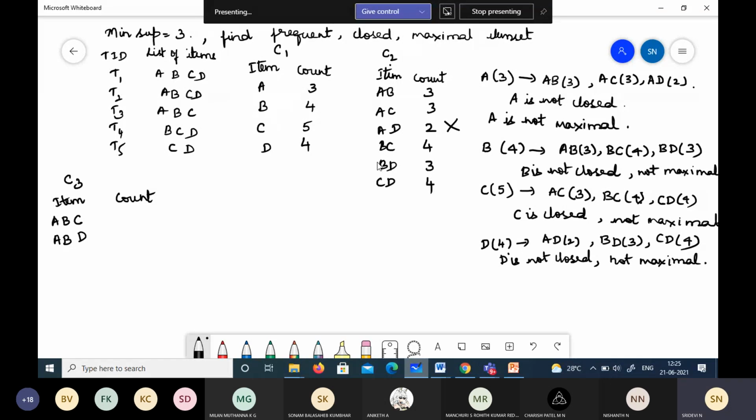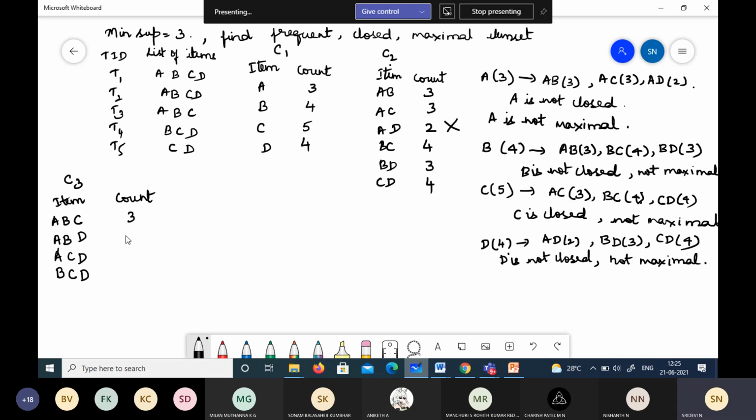And I can have BCD. Three items. And now the support count as usual we will calculate here.